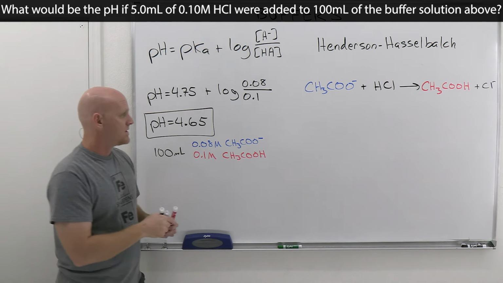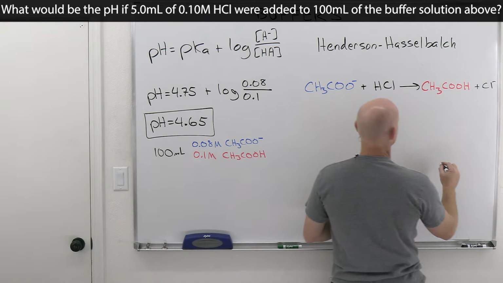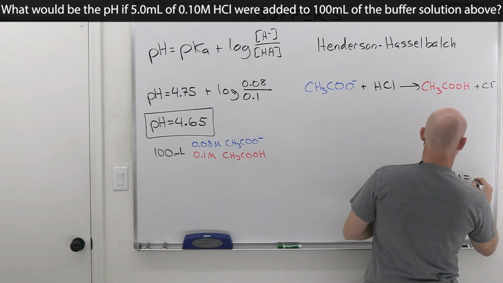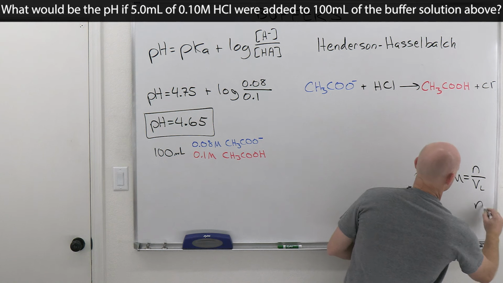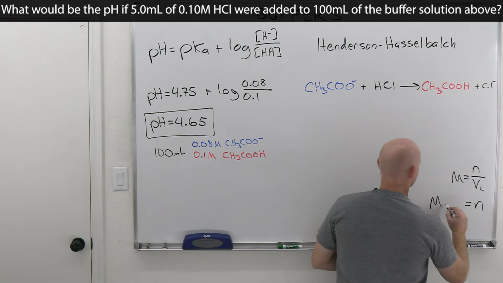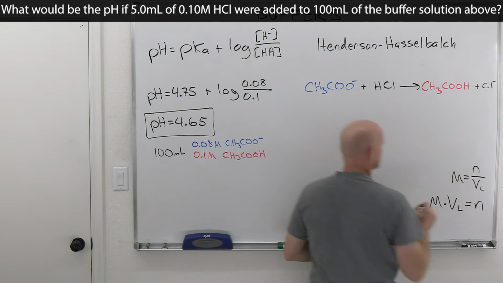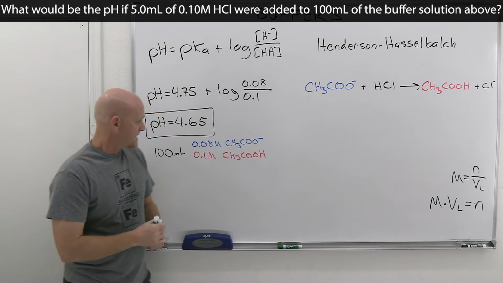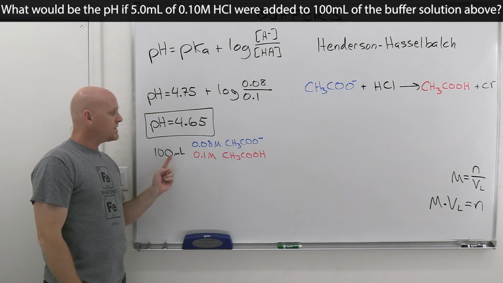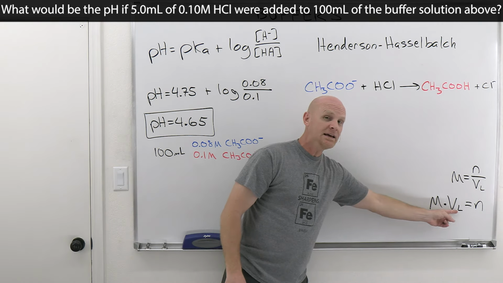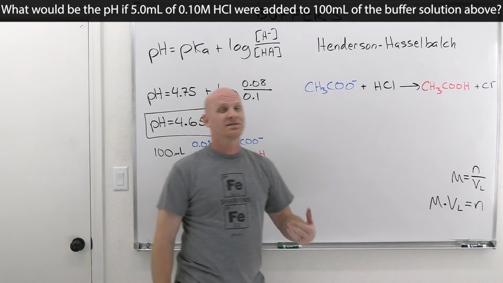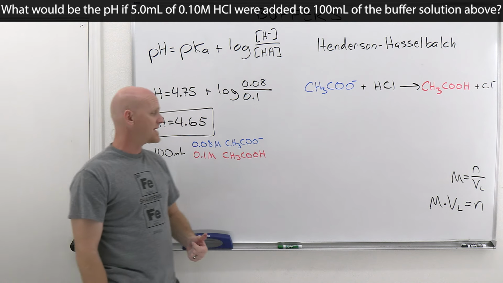And so you might recall that molarity equals the moles over the volume in liters. And if you rearrange that, then moles equals molarity times the volume in liters. And so that's what we're going to use here. We're going to use our volume and our molarities and multiply the molarity times the liters to get the moles, because that's what we need for any kind of limiting reagent type calculation.